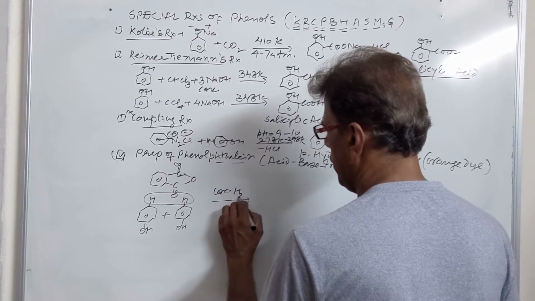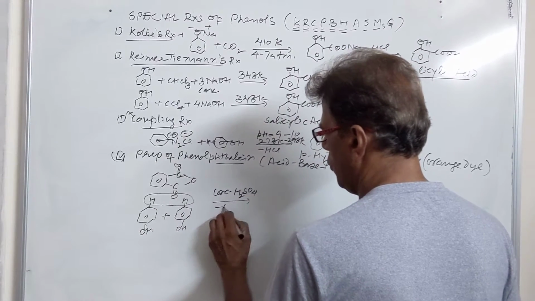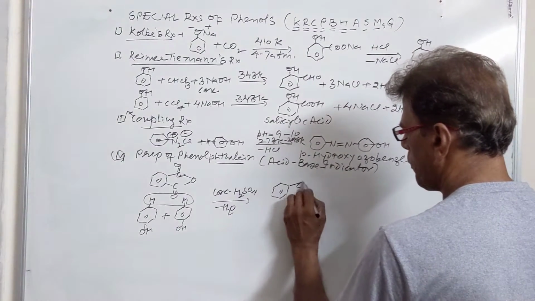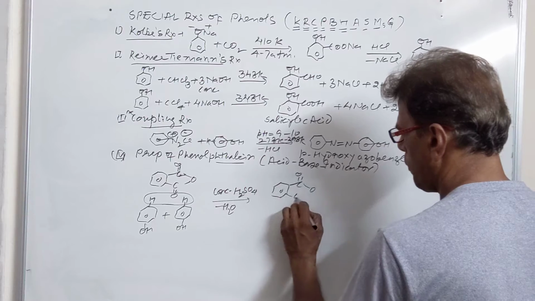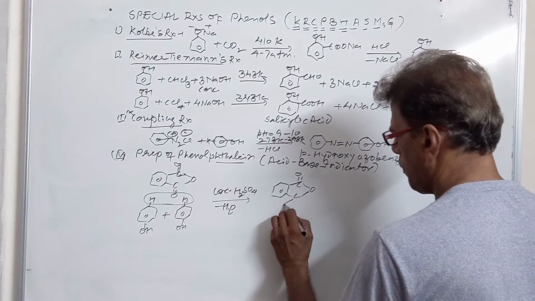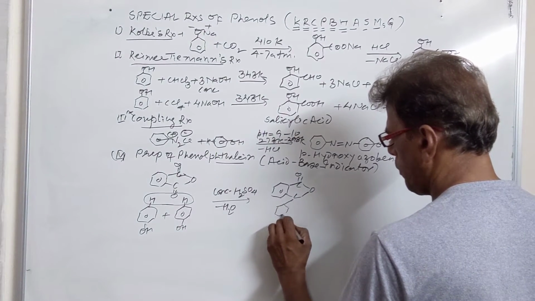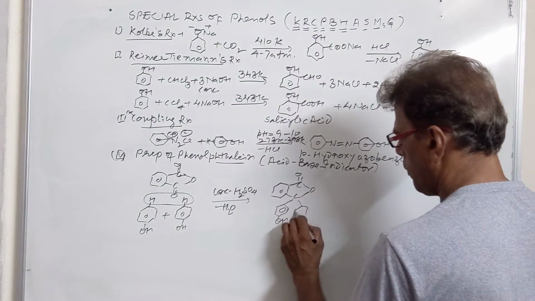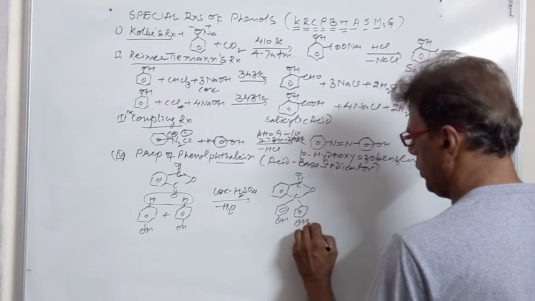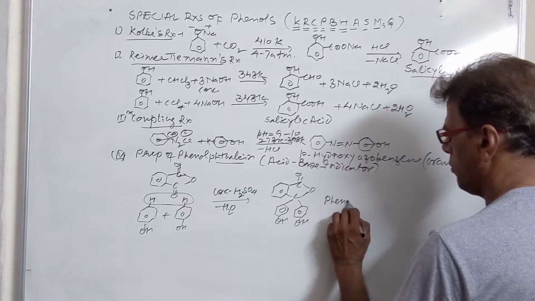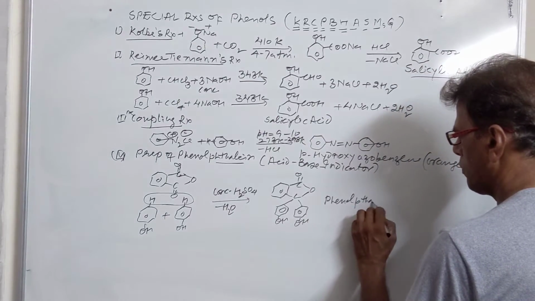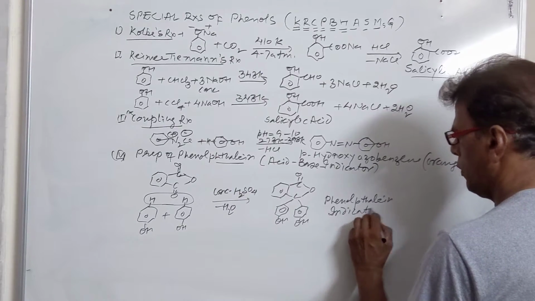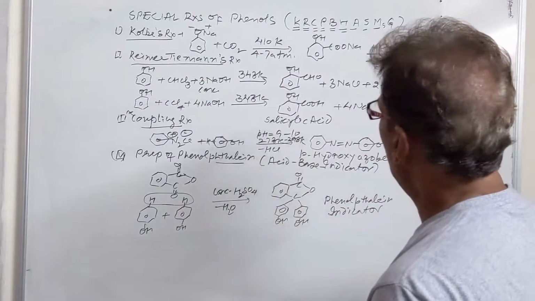With concentrated sulfuric acid, loss of water will take place. The product will be phenolphthalein indicator. This is our fourth reaction.